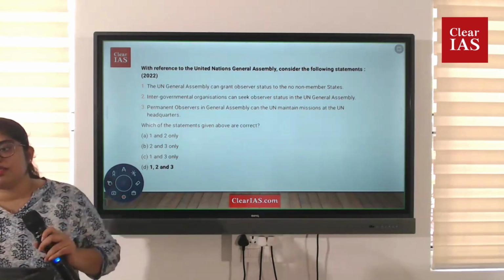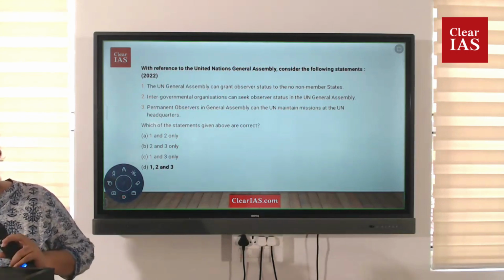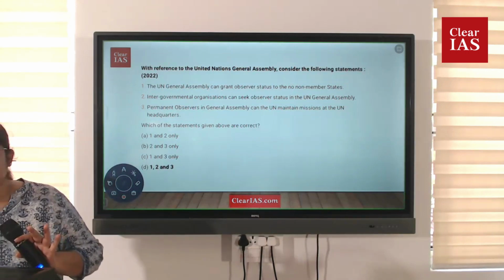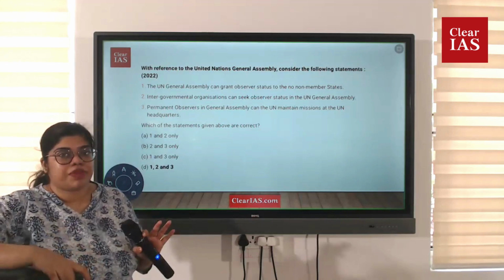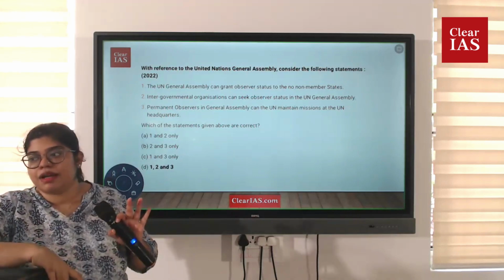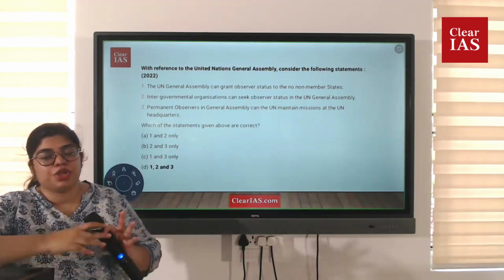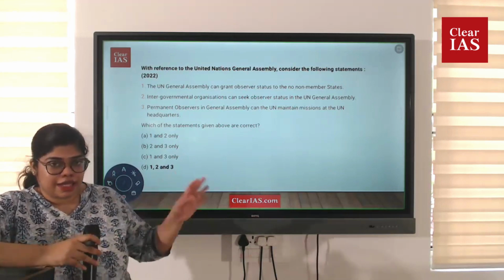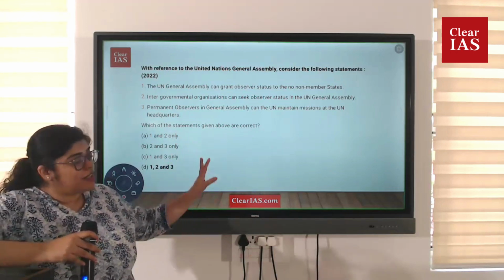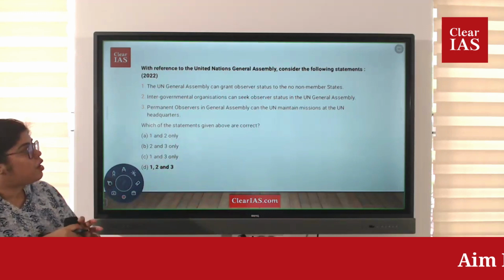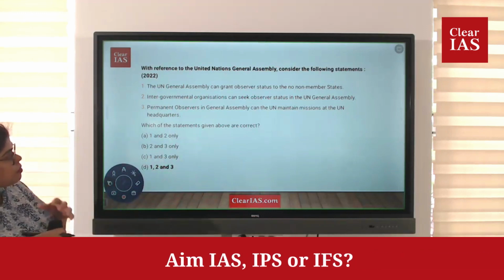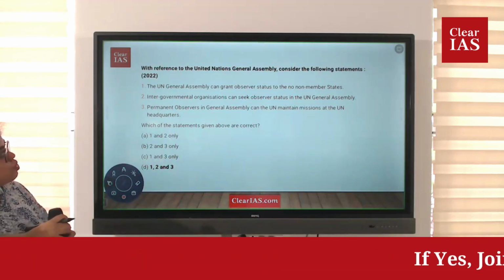That is also true. Permanent observers can actually maintain missions at UN headquarters. So that is also correct. All 3 statements are correct here. Okay, this is a 2022 question.